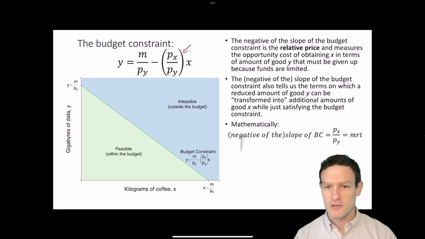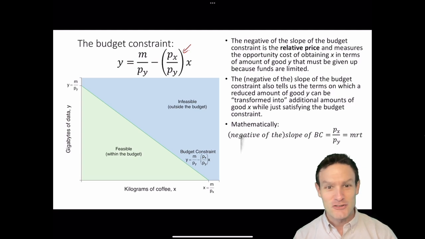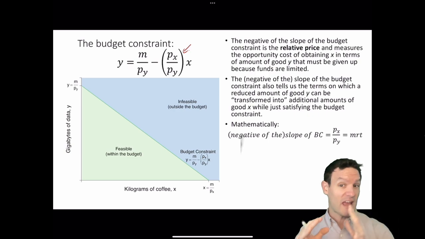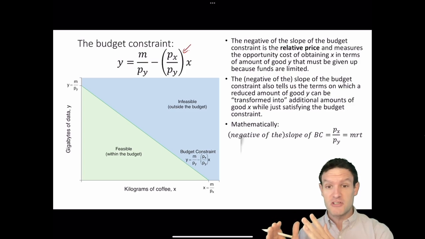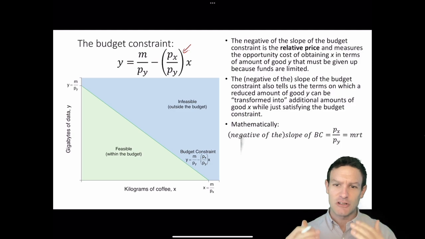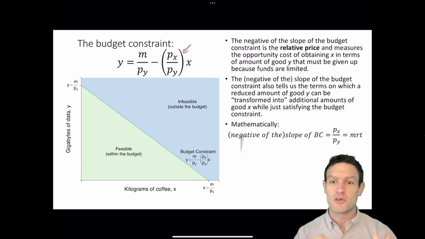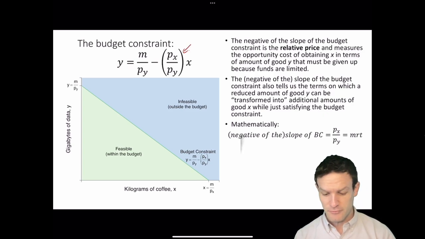Remember, the marginal rate of transformation is always defined as the negative of the slope of the feasible frontier. So here, the budget constraint is a special case of a feasible frontier, and so the negative of the slope of the budget constraint is equal to your marginal rate of transformation. It is the thing that constrains the actor when she's trying to maximize her utility, and it tells us the opportunity cost for her in terms of what she would like to achieve.